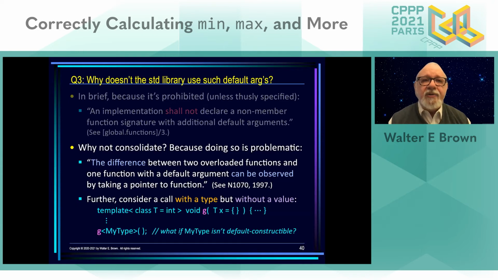But what if it turns out that the specified type is not default constructible? Now the call is in trouble and can't compile. All right? So the algorithms in the standard namespace, the STD namespace, do not and are not allowed to use default arguments like this. It turns out the specification in the standard ranges namespace is different, and default arguments are part of the specification.